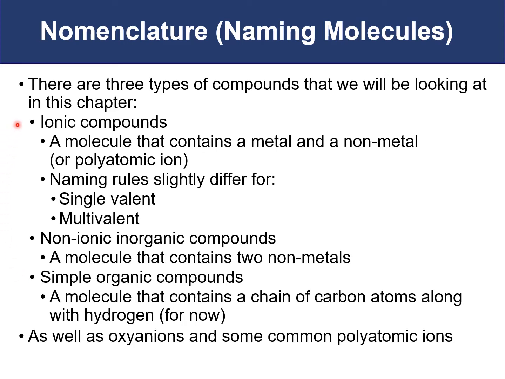For the ionic compounds, these are compounds that involve a molecule that contains a metal and a nonmetal, or a polyatomic ion which is comprised of several nonmetals.